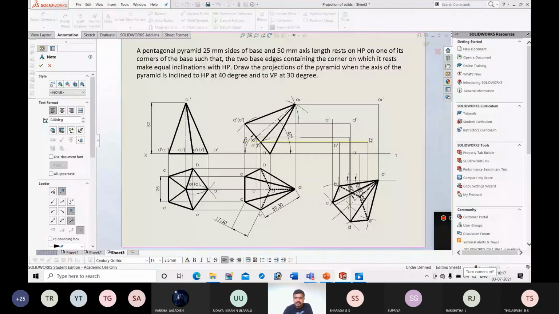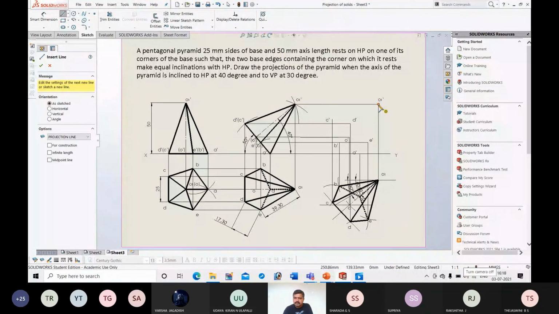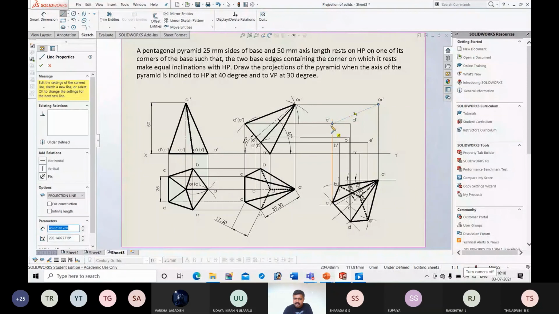Okay, after locating points, again I will apply rule of visibility. First rule of visibility is join all boundary points with continuous line. So I will first join all boundary points with continuous line. Okay, this is the first step. Next, since base is nearer to observer compared to apex, you are looking from this direction, so all base edges will become visible.